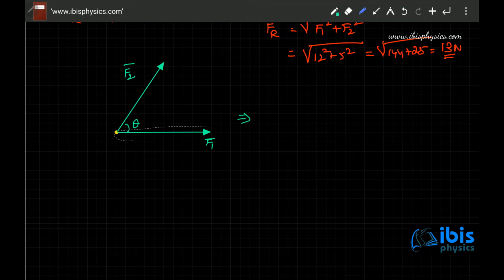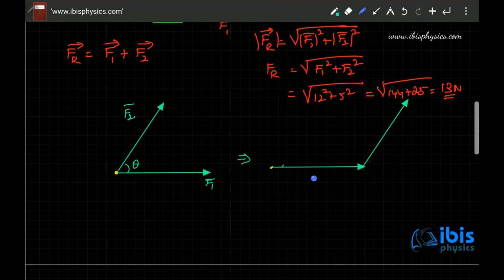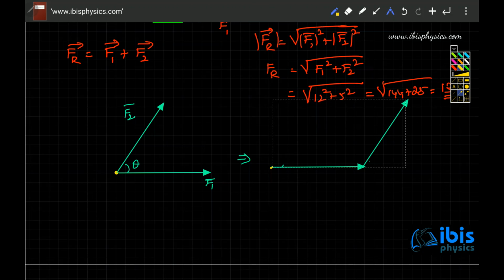Take one vector, keep it here, and take the second vector without changing the direction and place its tail on the head of the first vector. Now you have added two vectors. This is the F1 vector, this is the F2 vector, and this is the F1 vector plus F2 vector. This F1 vector plus F2 vector is from the tail of the first vector to the head of the second vector. This is called the triangular law of vectors.